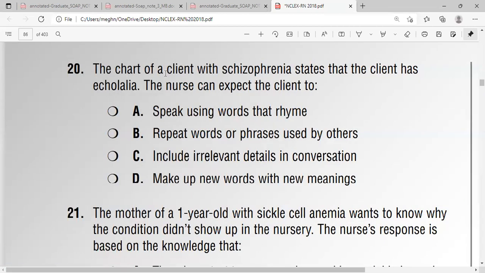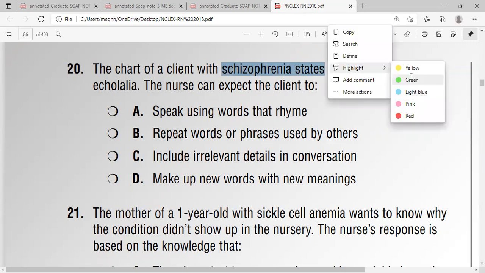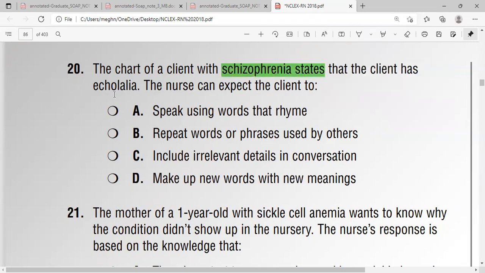The chart of a client with schizophrenia. Our patient is diagnosed with schizophrenia, and the client has echolalia, one of the characteristics of schizophrenia.